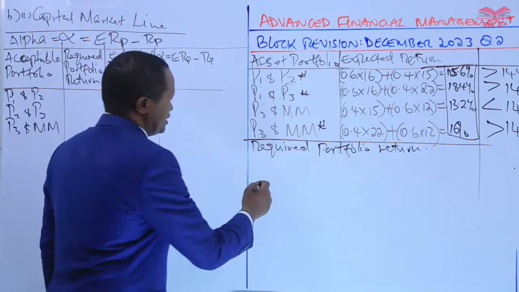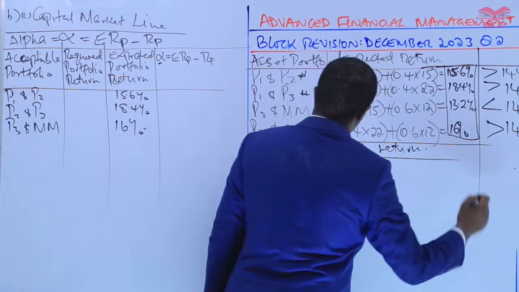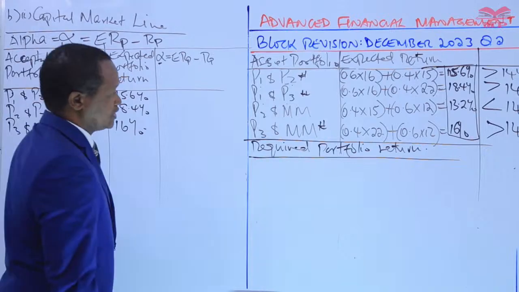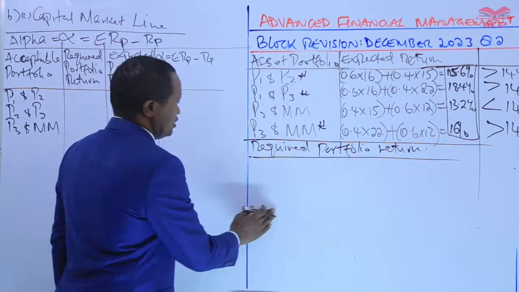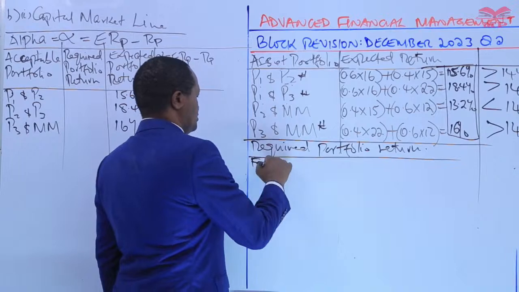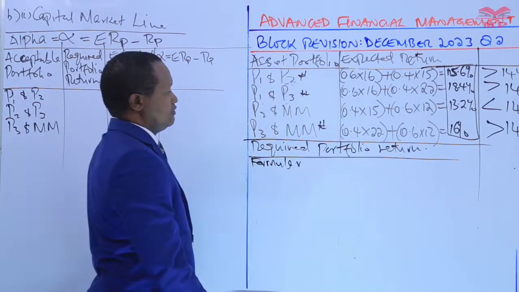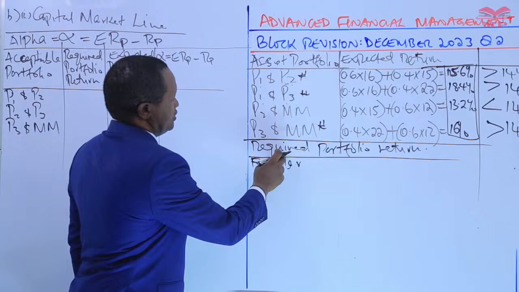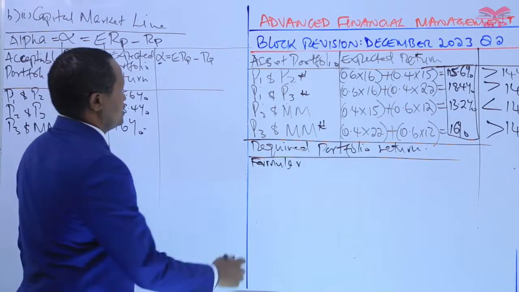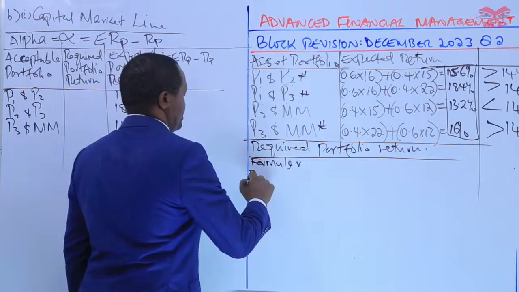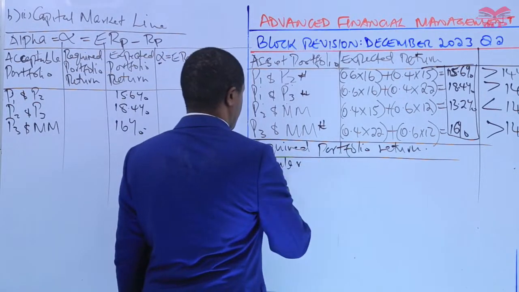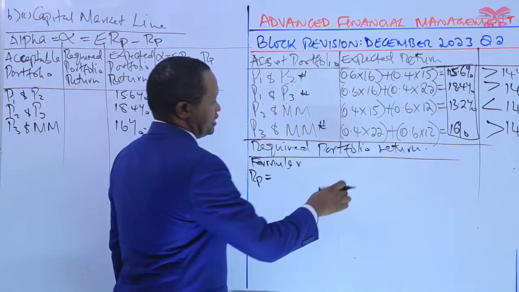So let us calculate the required rate of return. I'm going to work this out in form of a table. You can have a formula there for required rate of return, RP. Then I'll have the portfolios there.